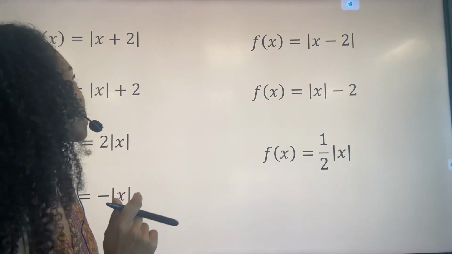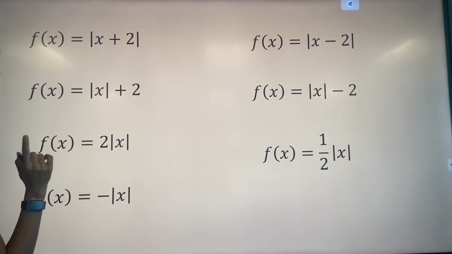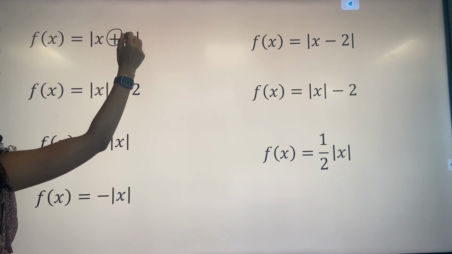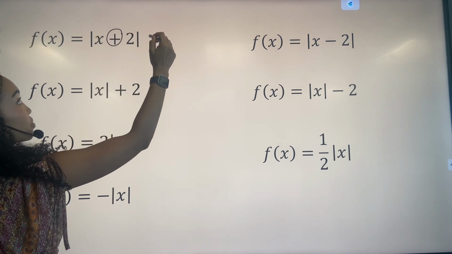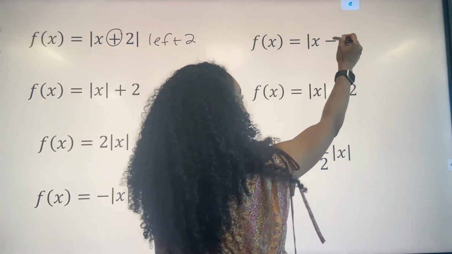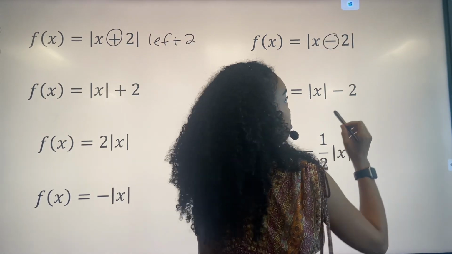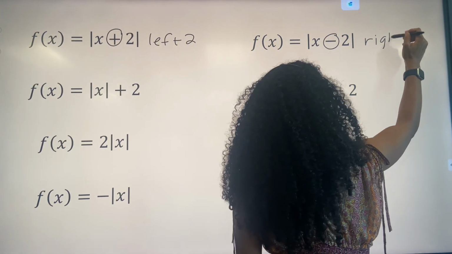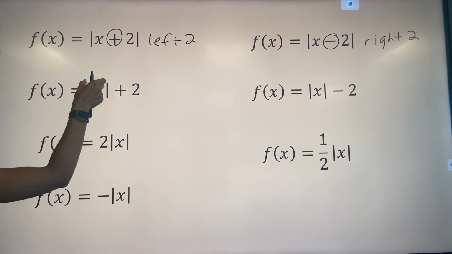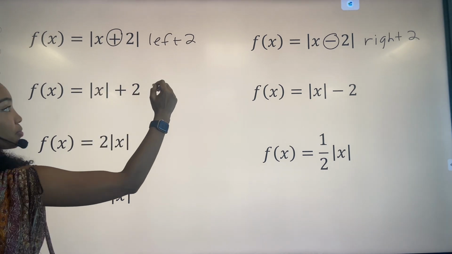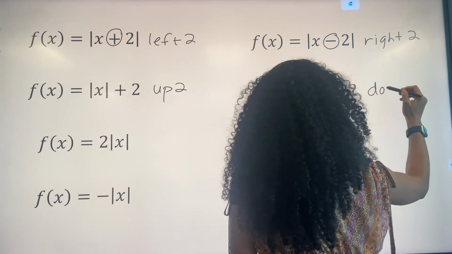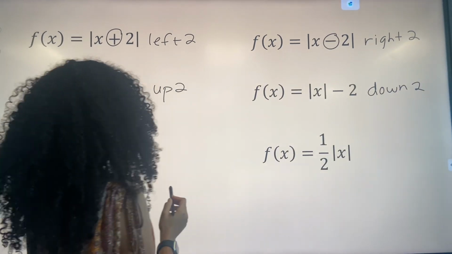All right, so let's try these transformations. According to your notes, you have a plus sign inside the absolute value symbols. How did this move? Left. Good, left 2. Okay, this one over here, we have a minus on the inside. How did that move? Right 2. There we go. All right, now we're outside of the absolute value symbol. What did this do? Up 2. Yep. And this one? Down 2. Down 2. All right.